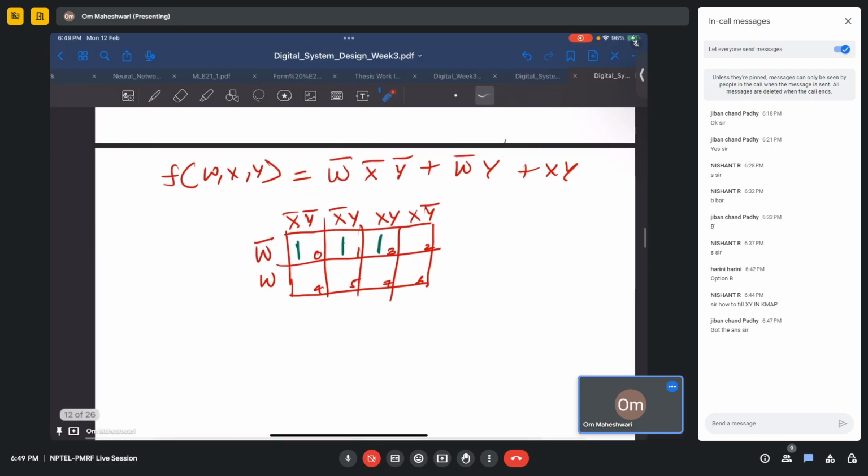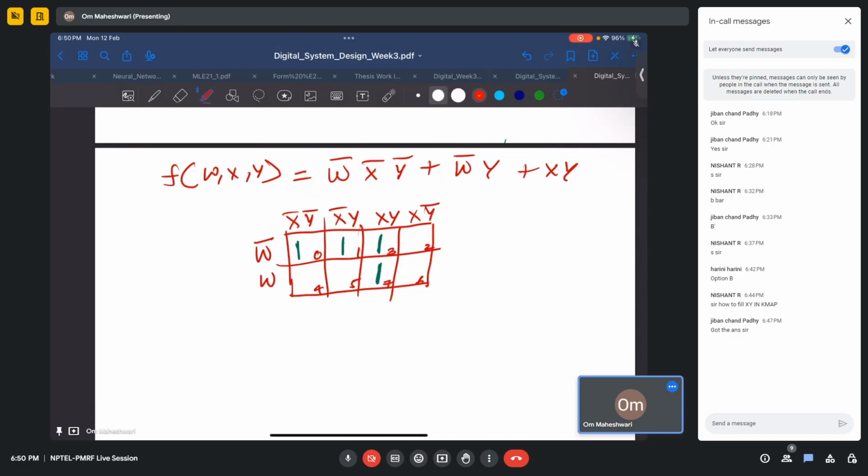So xy, this whole row is xy, right? So you can write 1. One is already here, this is 1. Now you just got to make the pairs.